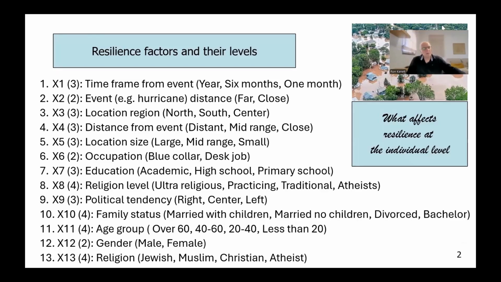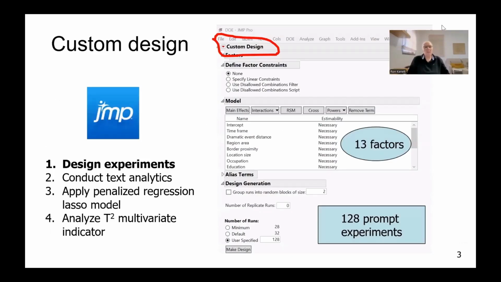And based on these factors, factor level combinations were designed with custom design, 13 factors, 128 prompts. In this case, the number can be much bigger because there's really no effort in generating the experiments.